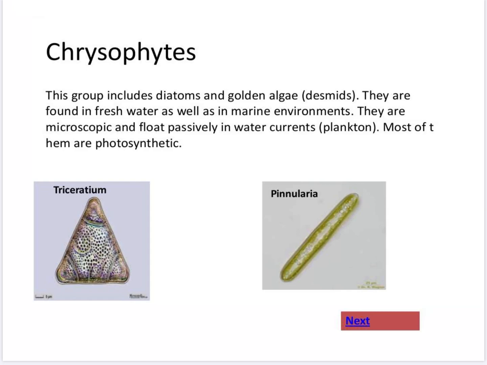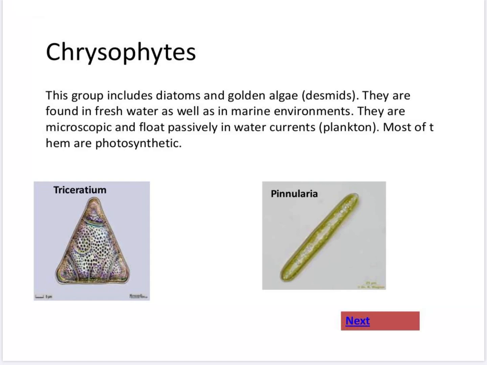Due to this feature, diatoms have left behind large amounts of cell wall deposits in their habitat. This accumulation over billions of years is referred to as diatomaceous earth or diatomite.